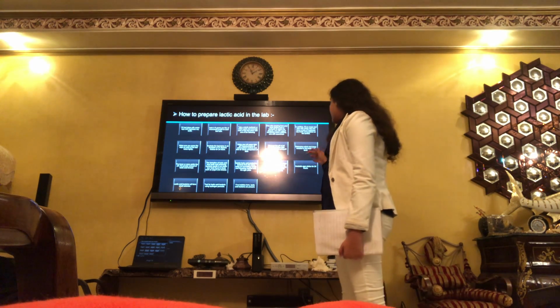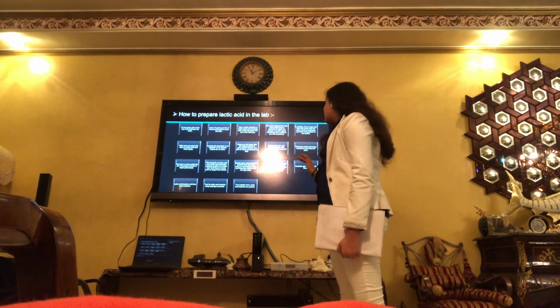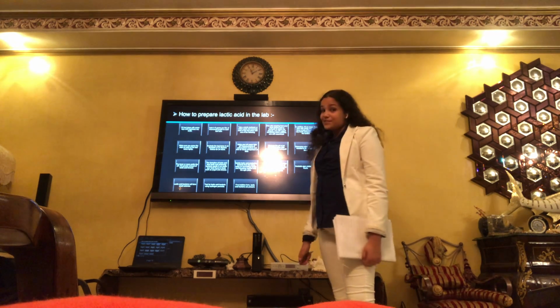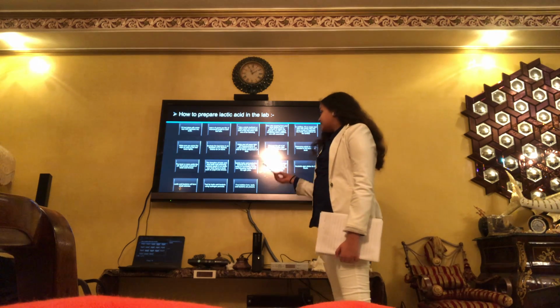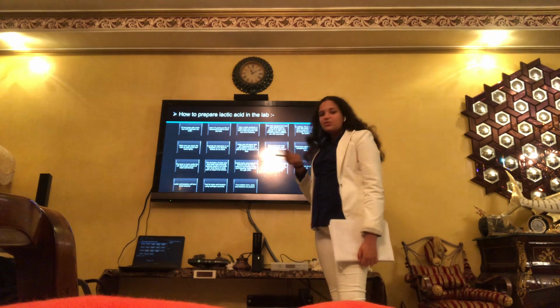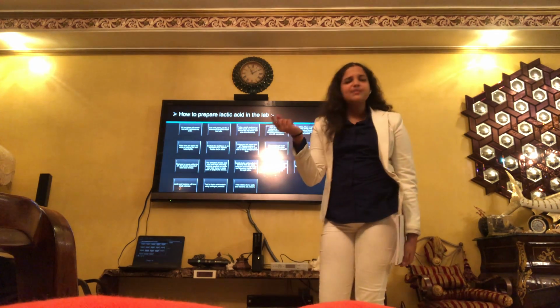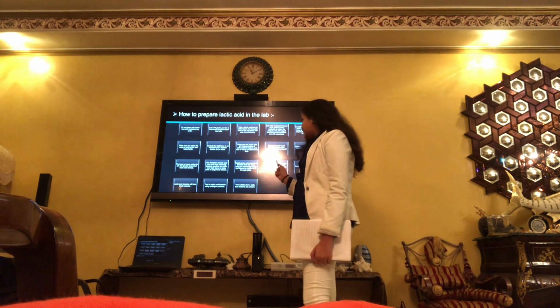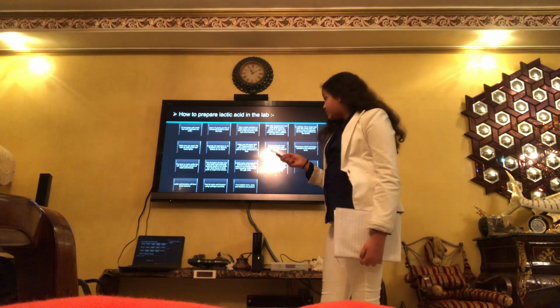Now this will allow you to further confirm the presence of lactic acid production in bacteria. Lactic acid bacteria will form very, very small colonies. Test for lactic acid bacteria using hydrogen peroxide.